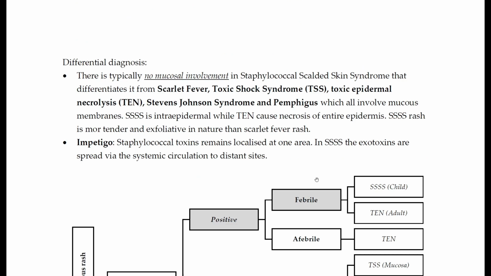So what are your differential diagnoses? The main important point to differentiate it from other such lesions is to look for mucosal involvement.